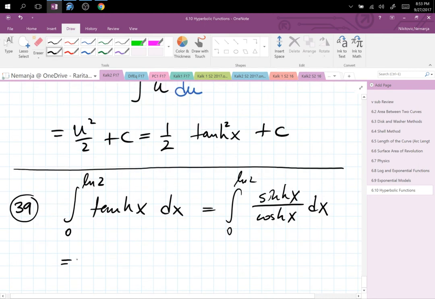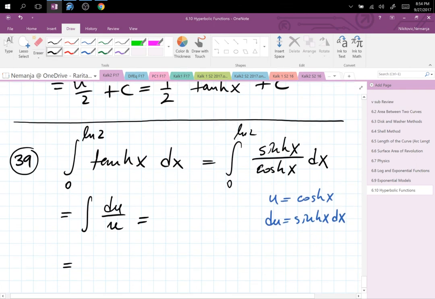And then, again, u sub, always u sub, u equals cosine hyperbolic x, du equals sine hyperbolic x dx. We have integral of du over u.